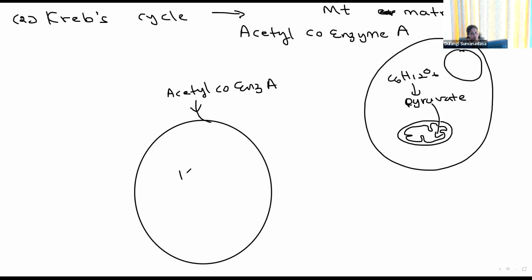So if this is the Krebs cycle, if the acetyl CoA enters into the Krebs cycle and breaks down until carbon dioxide is released, anything that happens before has to be pre-Krebs cycle.